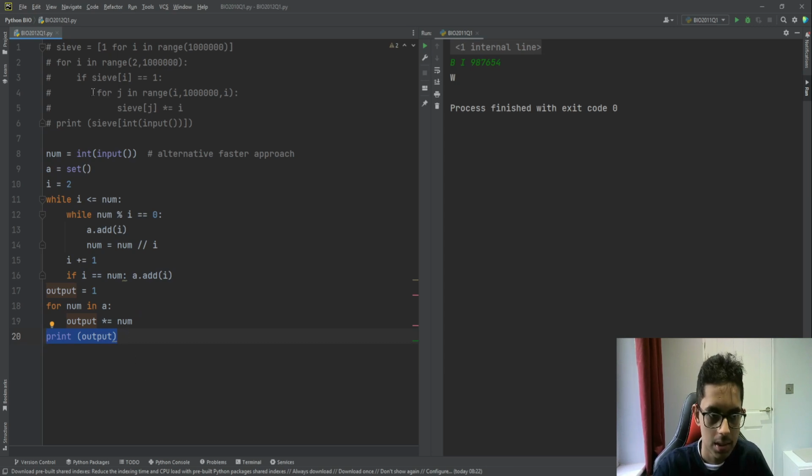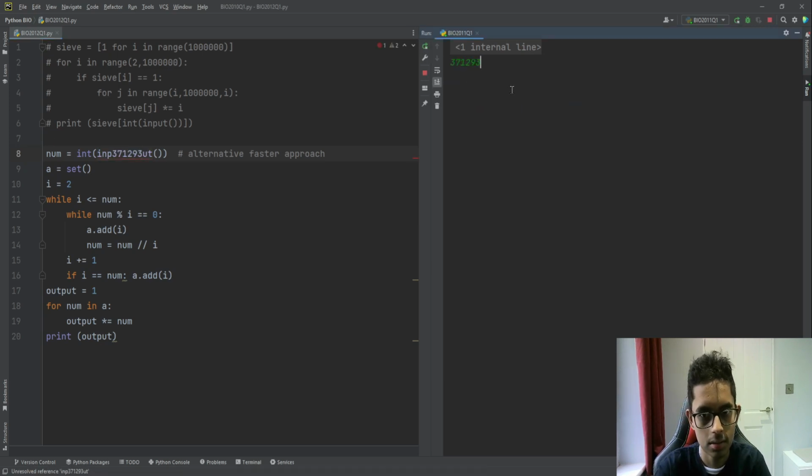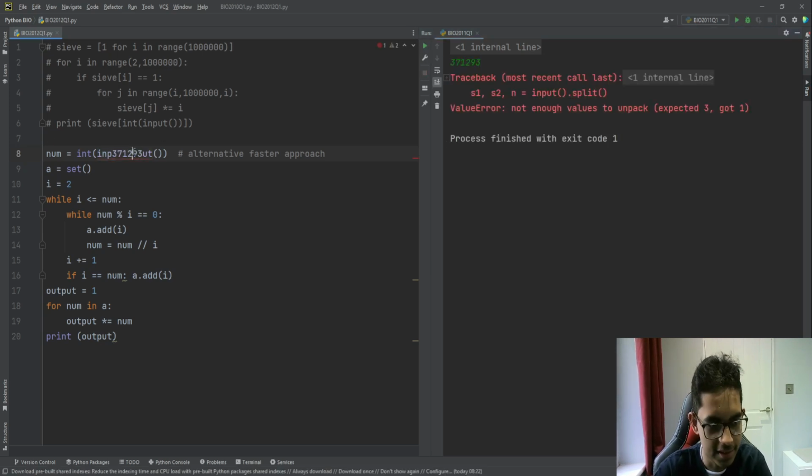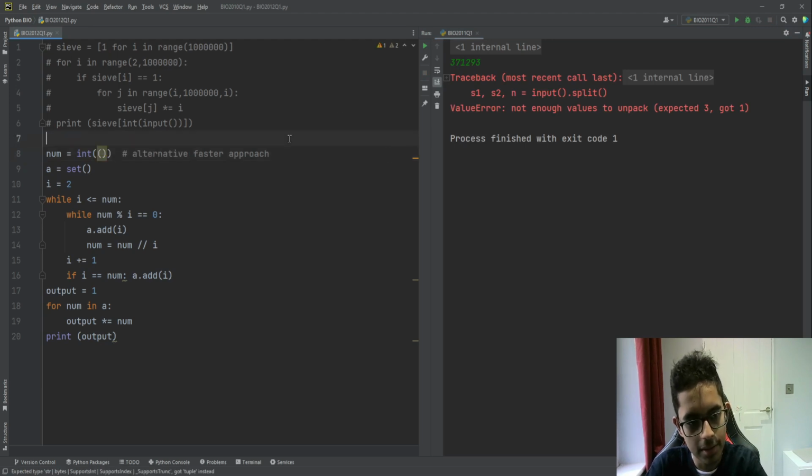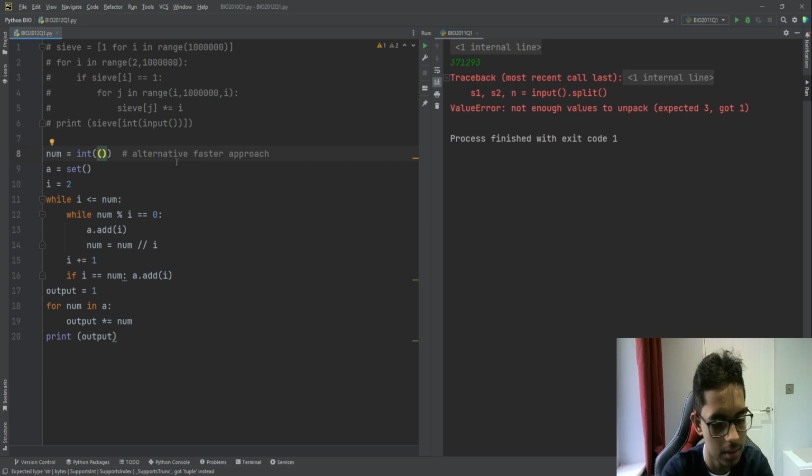So if we just test this on some of the sample inputs, if we go here and test it on this large number, sorry, a bit of a typo there, but there we go.